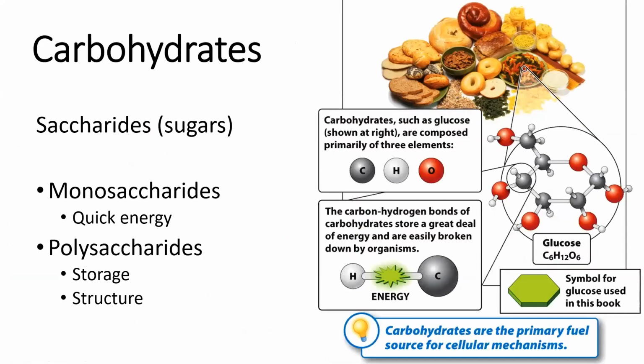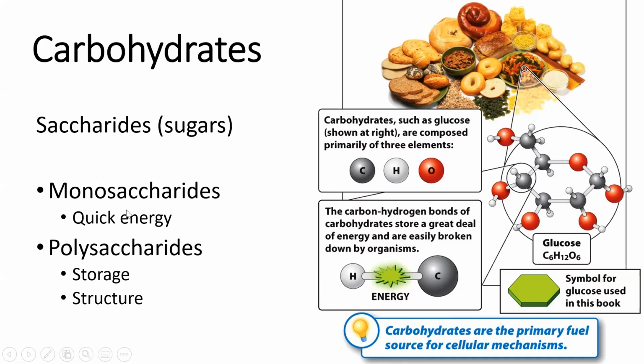All right, so we're ready to move on to our first group of macromolecules that we are going to discuss, and those are the carbohydrates, the carbs. So you probably heard the word monosaccharide and disaccharides right here. What are saccharides? Sugars. So mono means one.